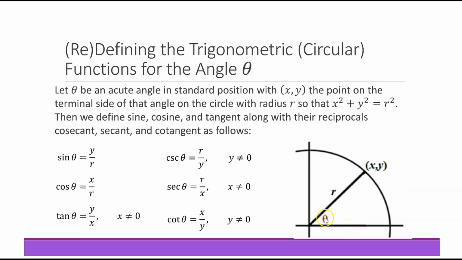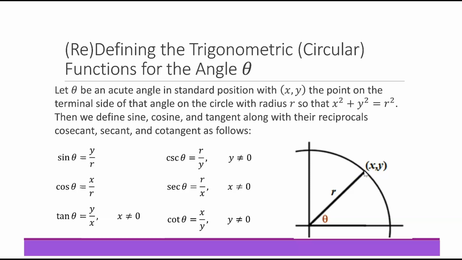So we have this angle theta in standard position, so we're assuming it starts on the positive x-axis, and the terminal side intersects this circle, so we're assuming this circle continues on, we're just looking at quadrant 1. So we have that the terminal side intersects this circle of radius r at this generic point here that we're calling x, y.